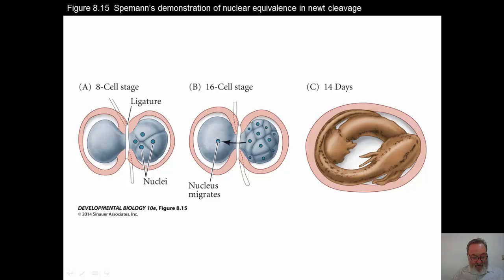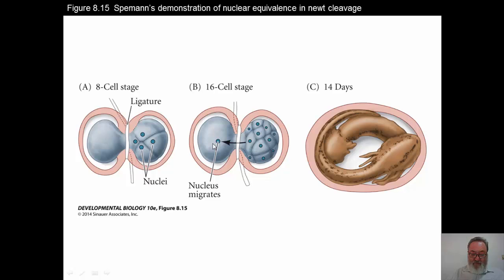At the 16-cell stage, he slightly loosened the ligature, and one nucleus was allowed to move into that half of the egg that did not have nuclei, and what he found was that it would start dividing. He constricted the ligature further, dividing these into two separate individual eggs that were dividing, and what he ended up with were two completely normal salamander embryos. And of course they were smaller because they started with smaller mass to begin with.